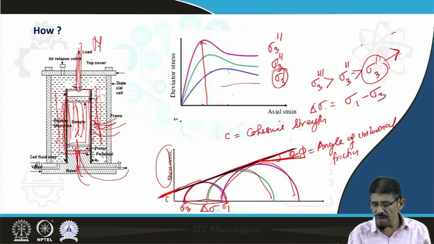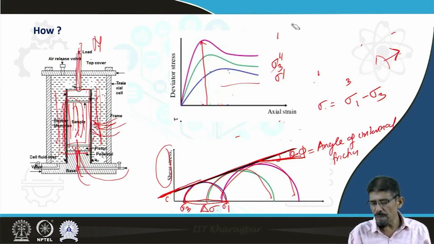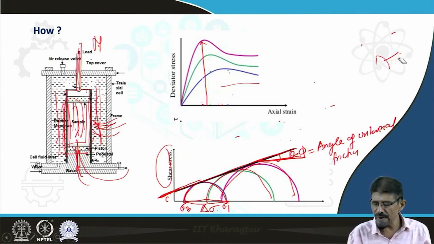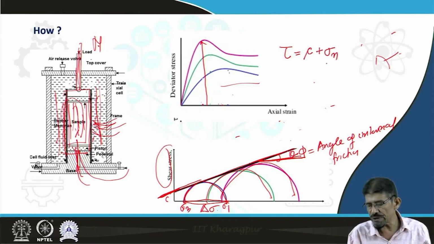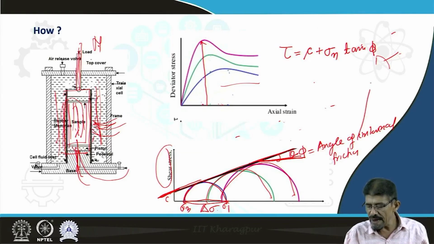We have one good relationship proposed by Mohr-Coulomb very early. Shear strength is equal to cohesive strength plus normal stress times tan phi. Phi is the angle of internal friction, sigma n is the normal stress, and C is the cohesive strength.